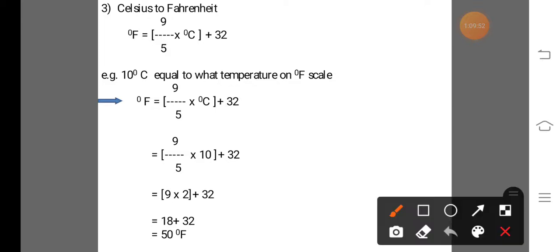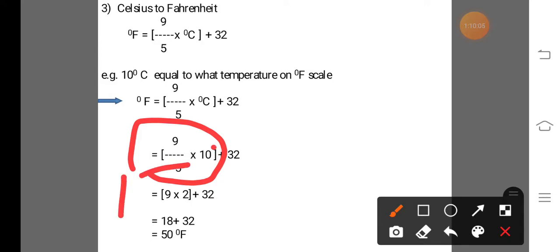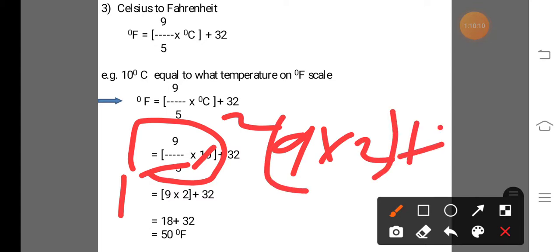So 9 by 5 into 10, that means 18 plus 32, and the final answer is 50 degree Fahrenheit.